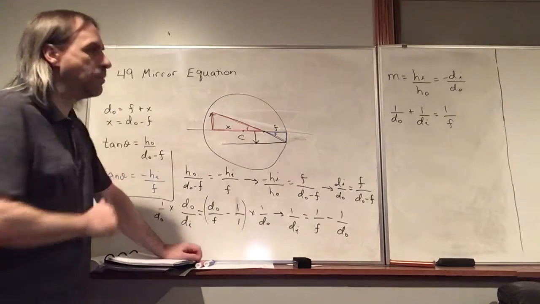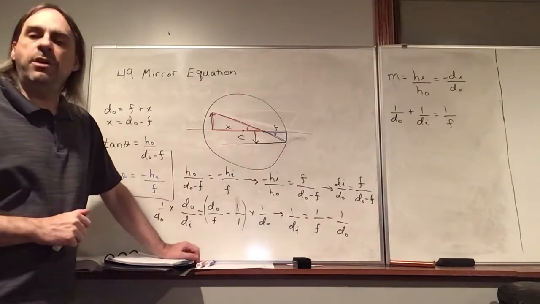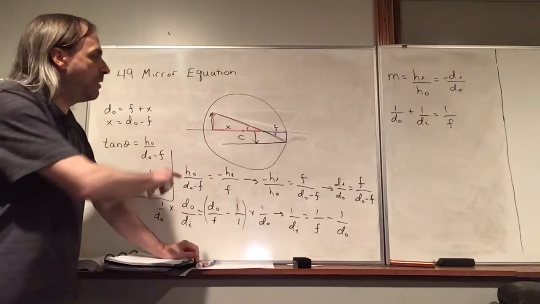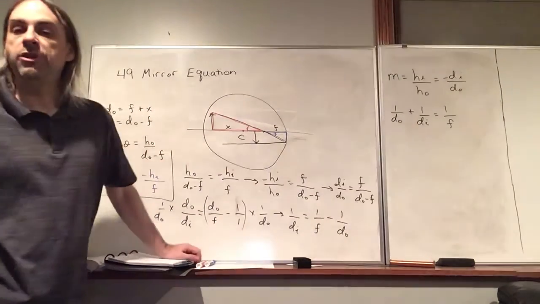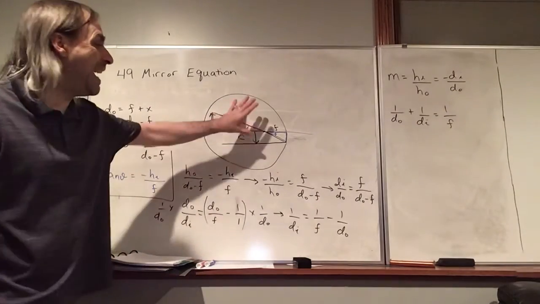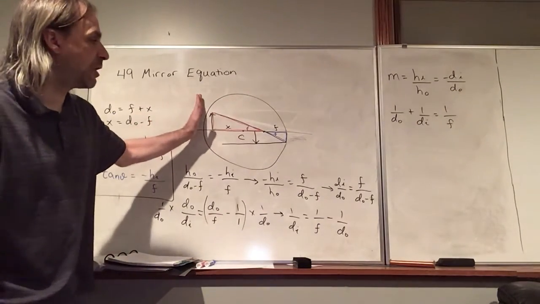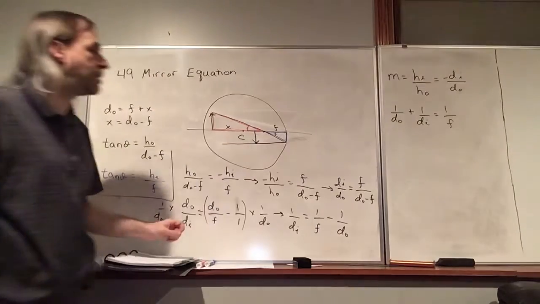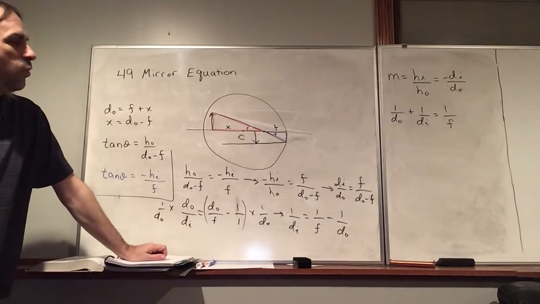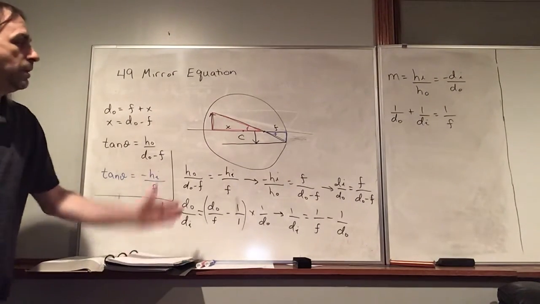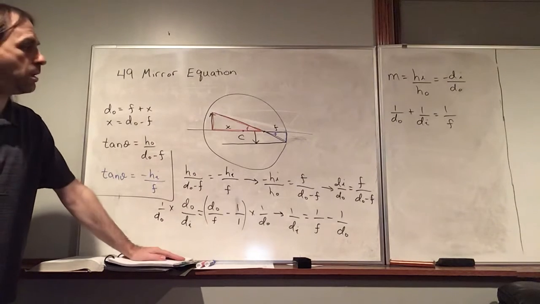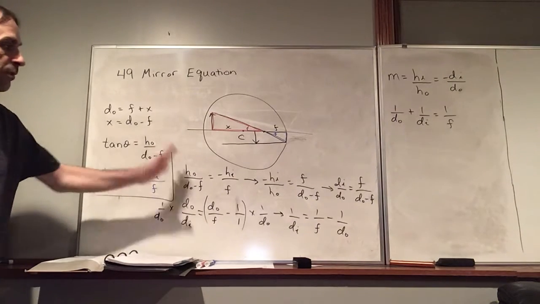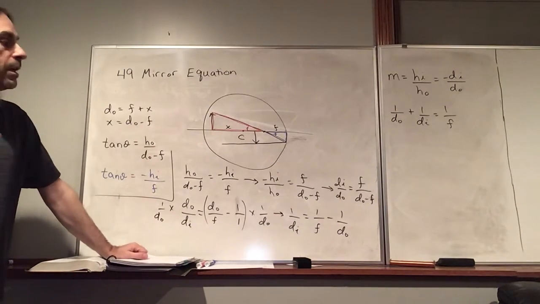Now, there's one problem with this, in that we derived this equation by looking at this particular situation here, where we have a concave mirror because the object's over here, the mirror's curving towards the object. What if we had a convex mirror? Should we expect this equation to work? No, we shouldn't. It would be a totally different situation.